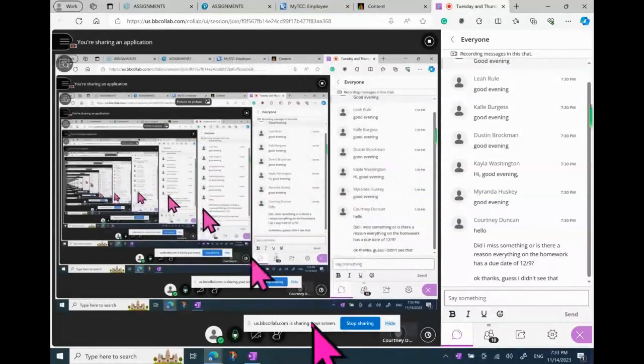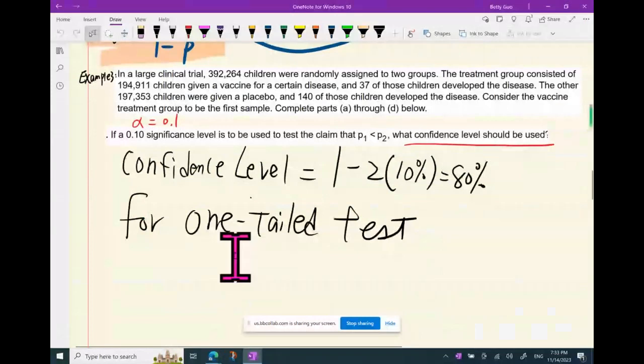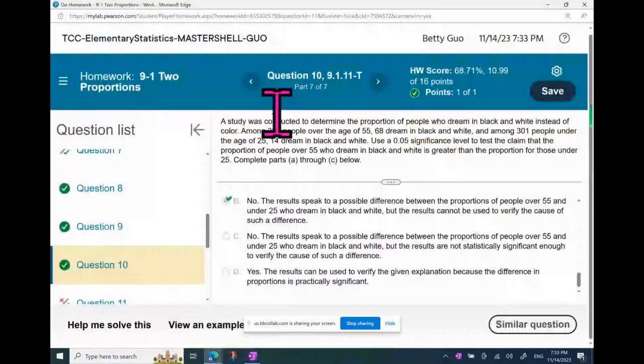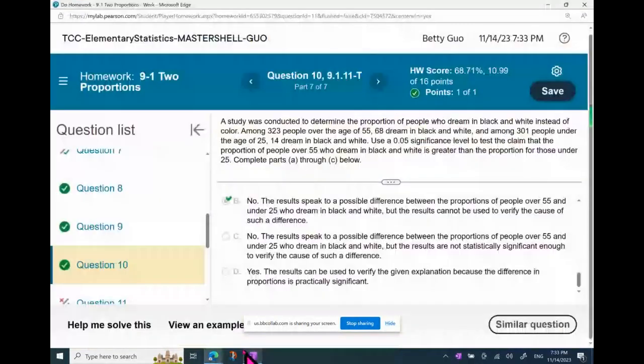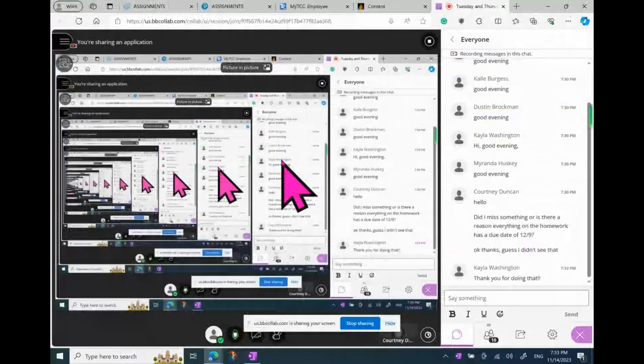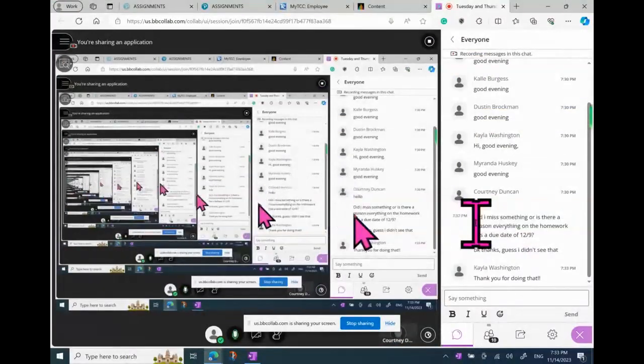All right, so am I clear about this example? Example 3? Very important. If the hypothesis testing is a one-tail test, no problem, Kayla.